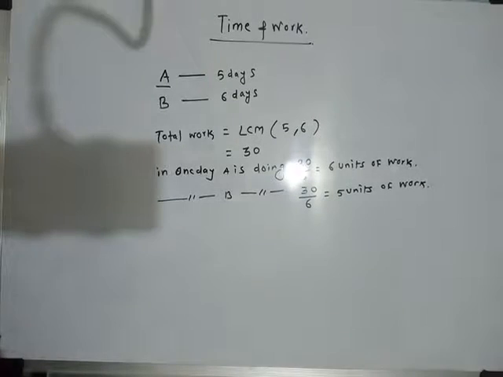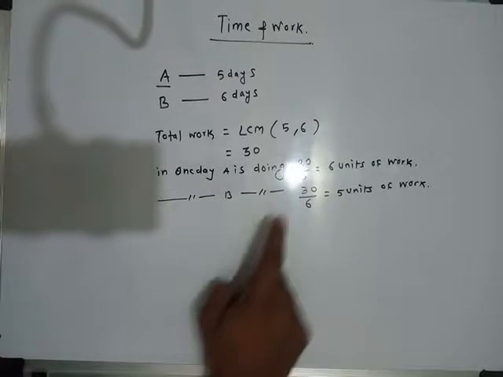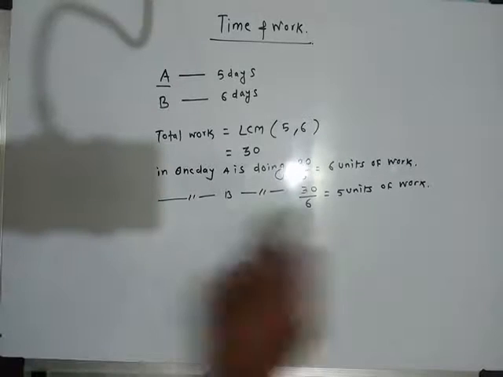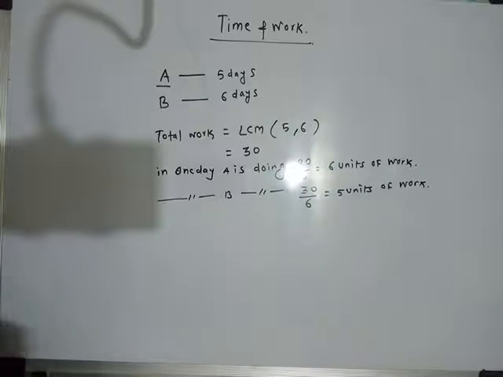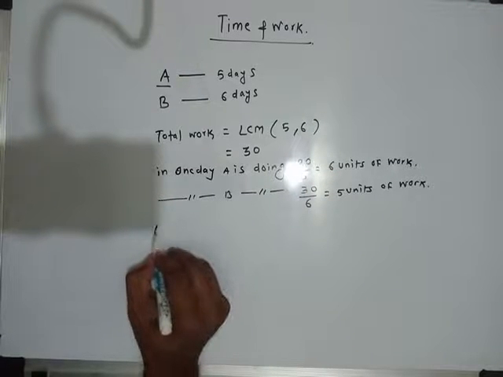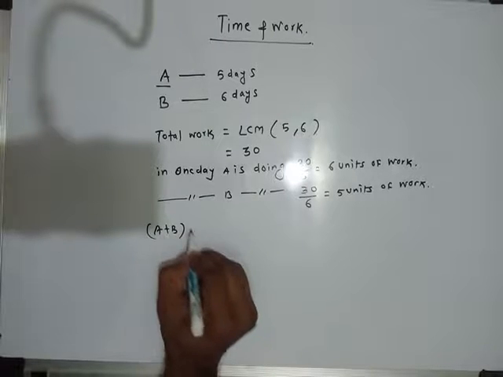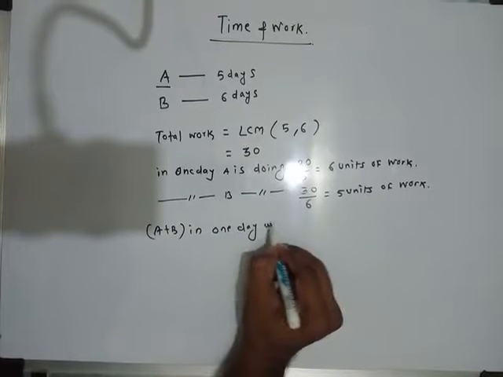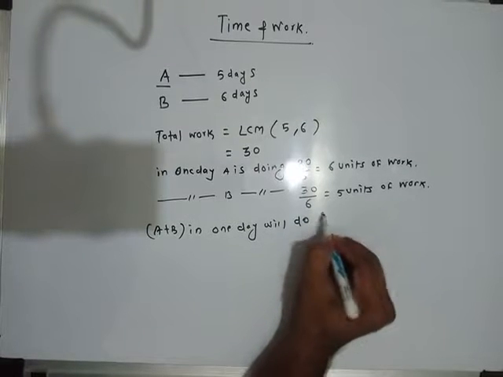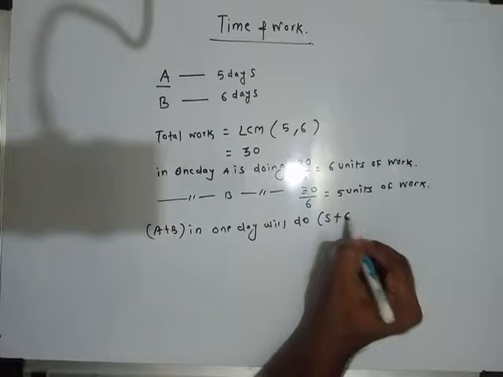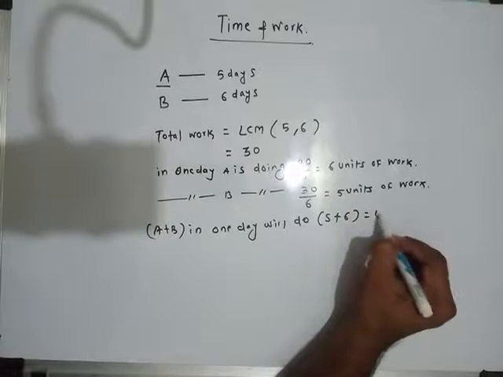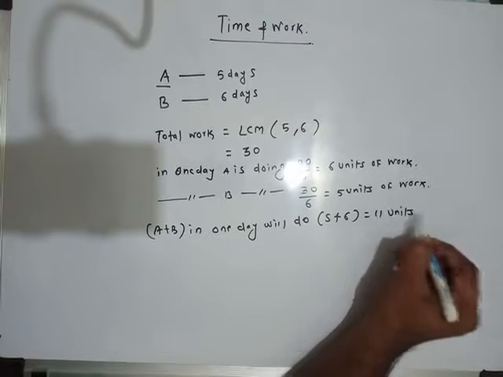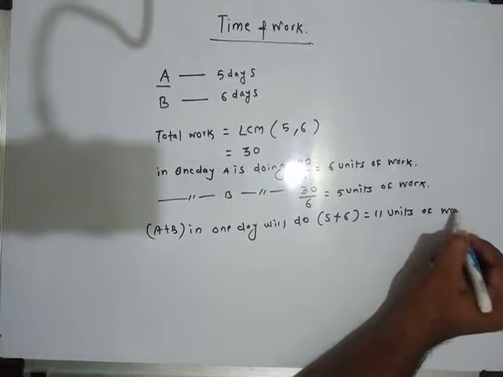Now when they work together, the work done will be the summation of this work and this work, because they are working together. So A plus B in one day will do 5 plus 6, which is equal to 11 units of work.